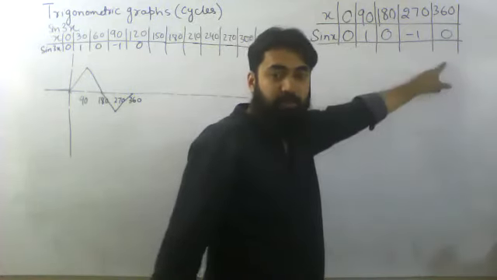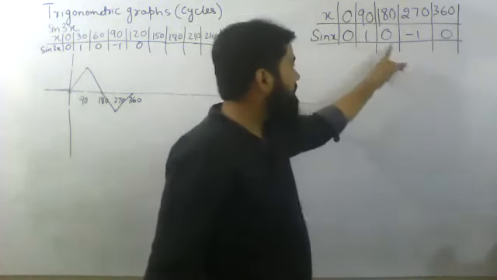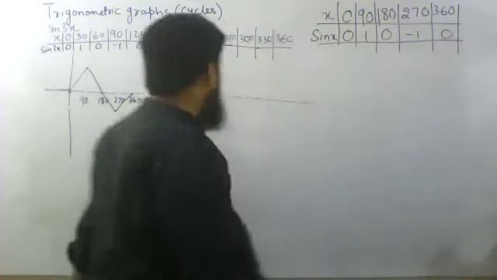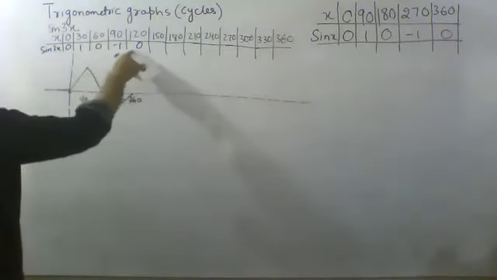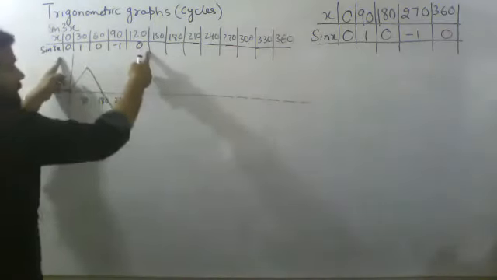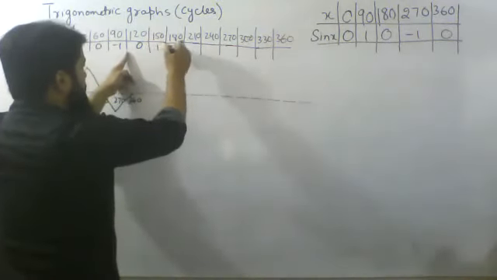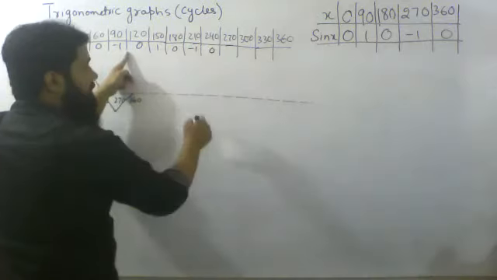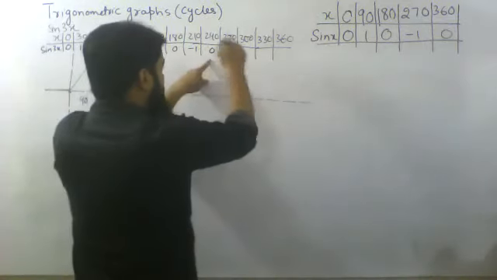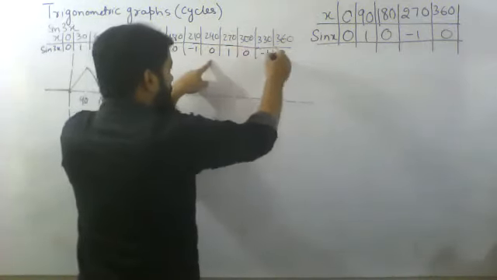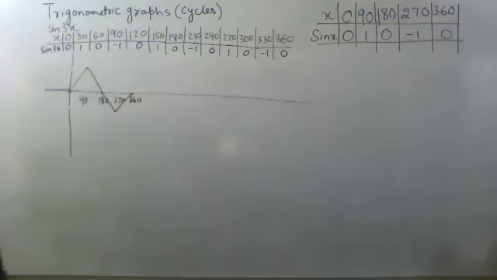This 0 will be used over here also. So you will say 1, 0, -1, 0. See, 0, 1, 0, minus 1, 0. This is the whole cycle. Now I'm repeating starting from this one. 0, 1, 0, minus 1, 0. Now I'm starting from this one. 0, 1, 0, minus 1, 0.